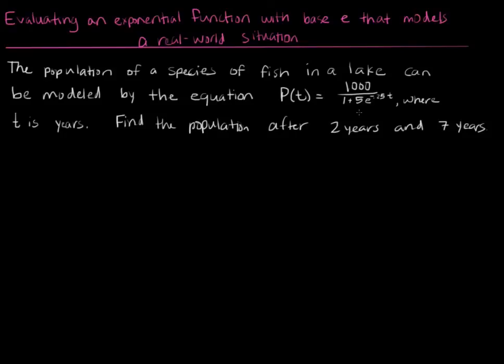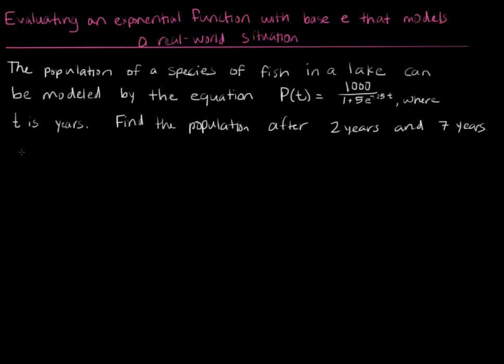A lake, for example, has a number of fish it can support with food and space and whatever else fish need. So the population is going to grow toward that carrying capacity, but it's going to level off so that it doesn't exceed it, because the lake can't support it. So that's what's happening here.